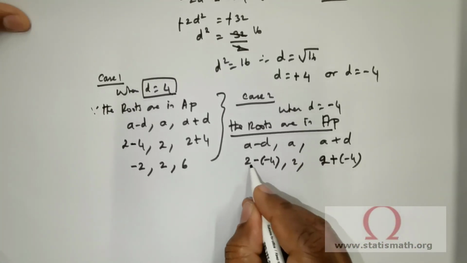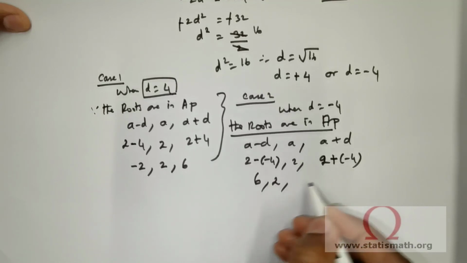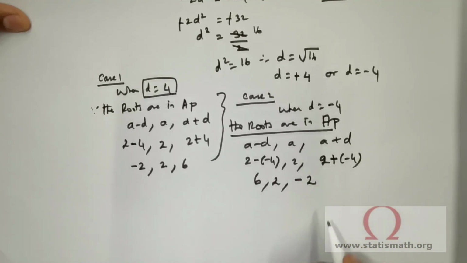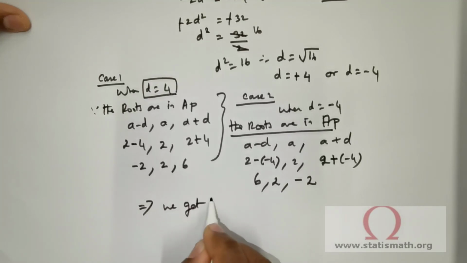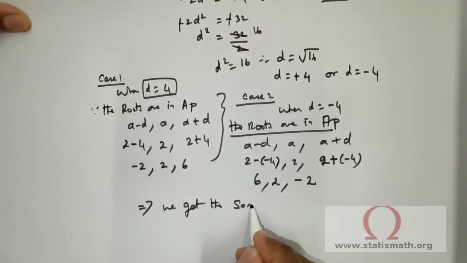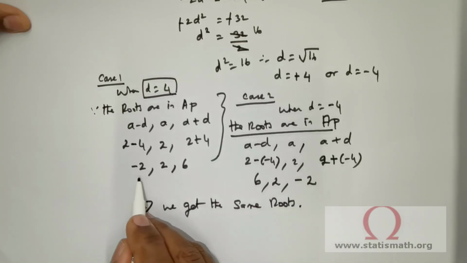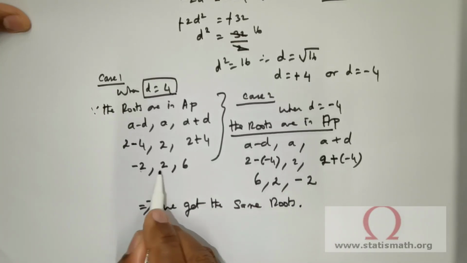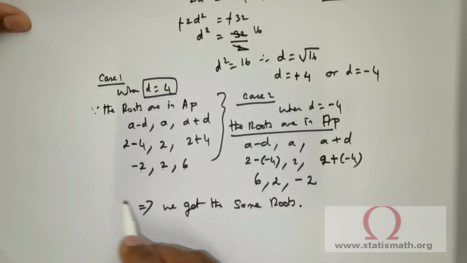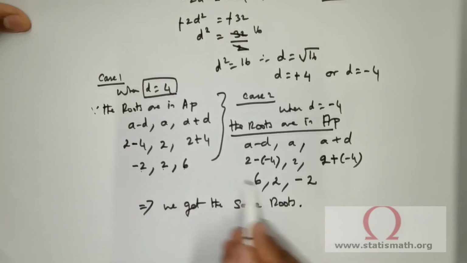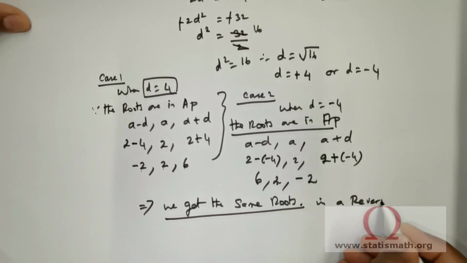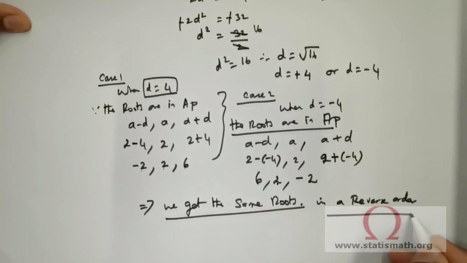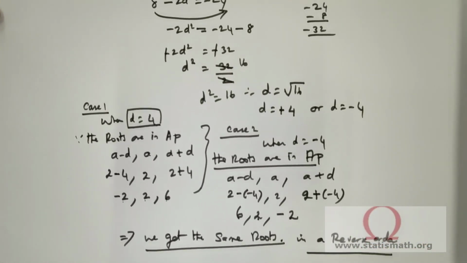So this is going to be 6, 2, negative 2. So this means we get the same roots. The only thing is that the order changes. So this is going to be minus 2, 2, 6, but in this case, we start with 6, 2 and minus 2 in reverse order. So that completes the solution to this question.